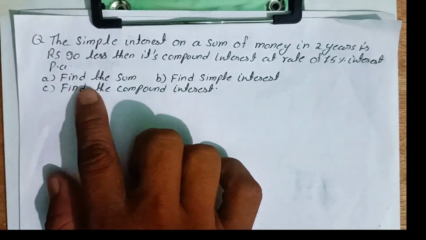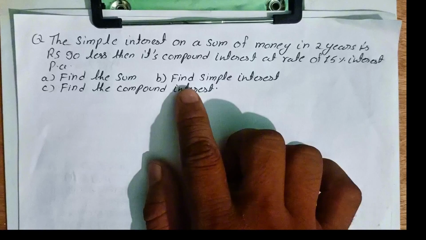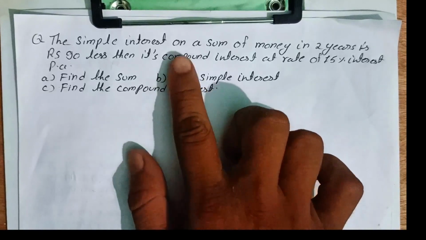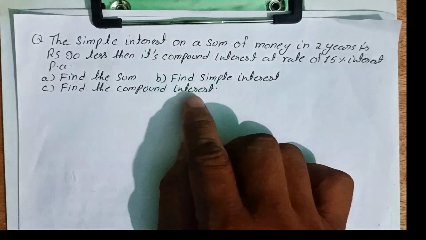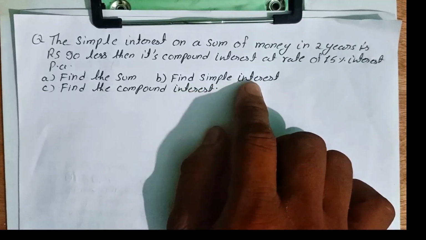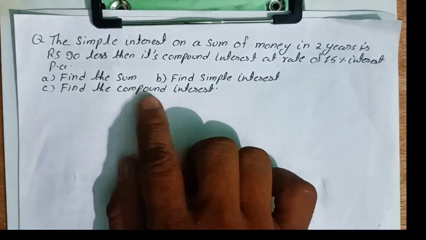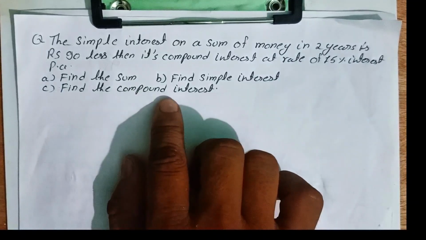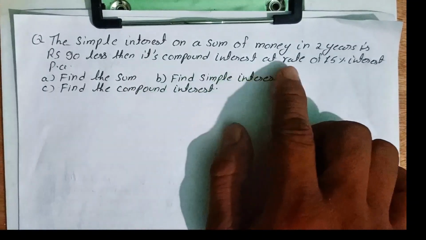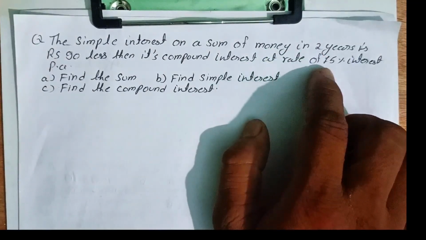So we have to find the sum of money for which the simple interest and compound interest are obtained. Next, we have to find the simple interest for the sum of money in 2 years at a rate of 15%. And finally, we have to find the compound interest for the same sum of money in 2 years at a rate of 15% per annum.